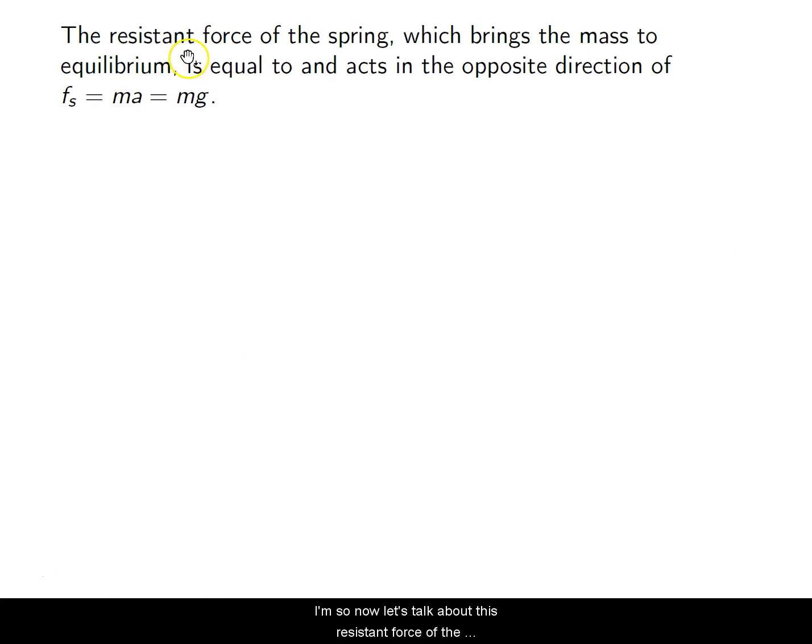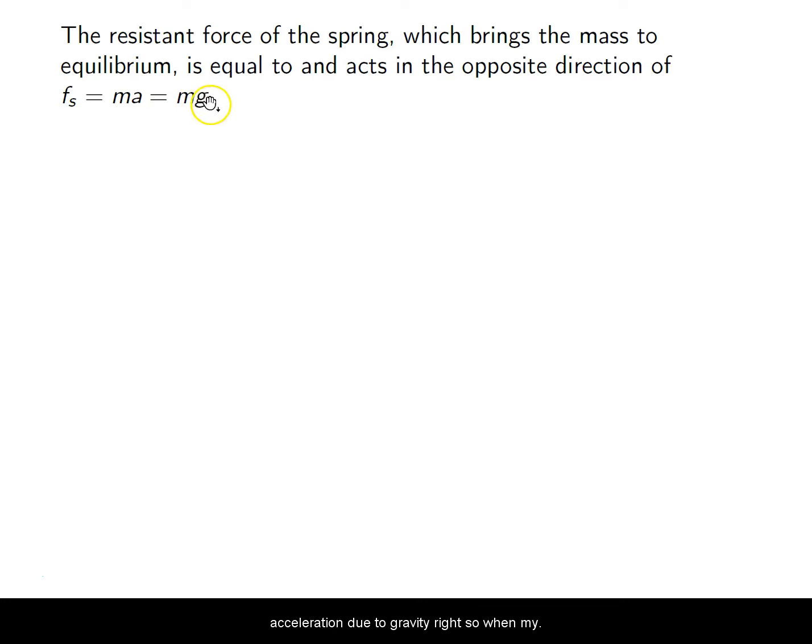So now let's talk about this resistant force of the spring, right? So this is the inherent force inside of the spring that brings the system to equilibrium. So again, my stretching force is mass times acceleration, and again that acceleration is the acceleration due to gravity, right?